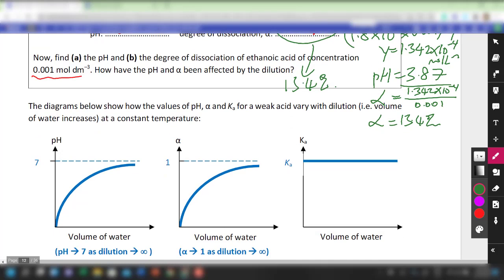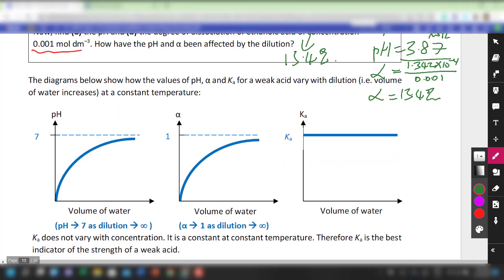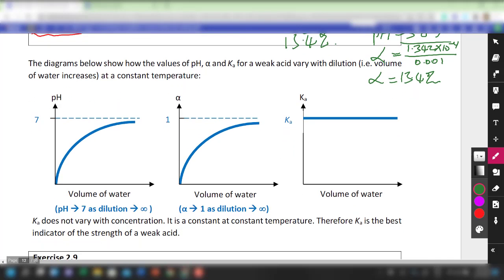Then the diagram over here will show you how the pH, alpha, and Ka change. Of course, Ka doesn't change, as you know, because Ka is a temperature dependent variable. pH will approach 7, because as the acid becomes more and more diluted, the H plus contribution becomes lesser and lesser, so it will approach the auto ionization of water.